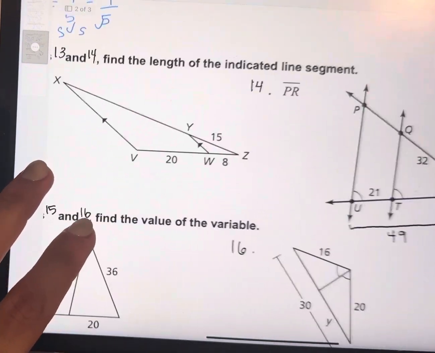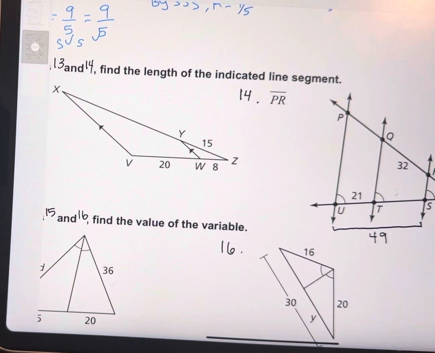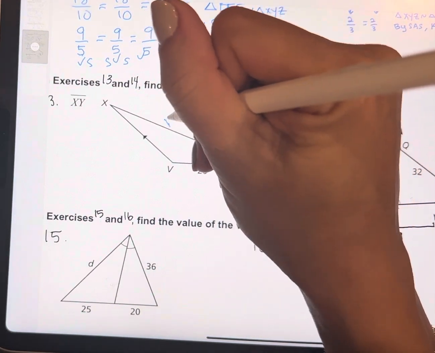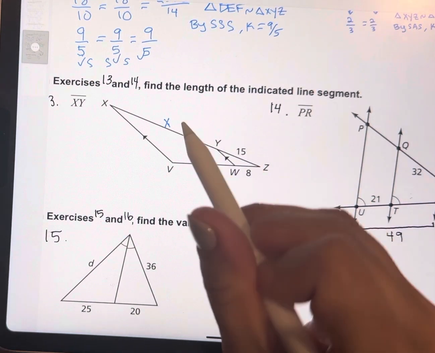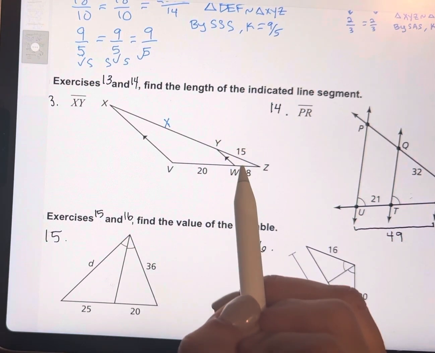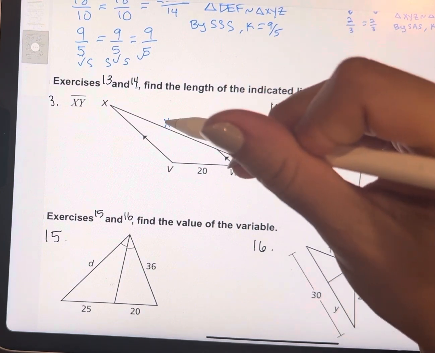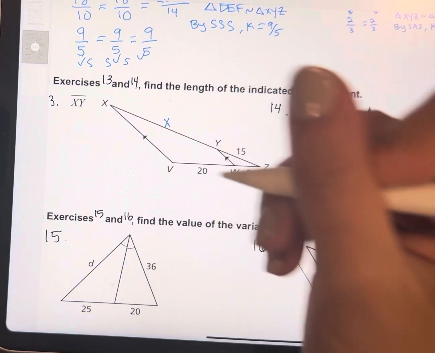All right, now here we are. These guys, when we've got the parallel lines, and they want us to find XY, so that's this guy right here, x. We basically just make fractions, okay? So 15 over 8 equals x over 20.